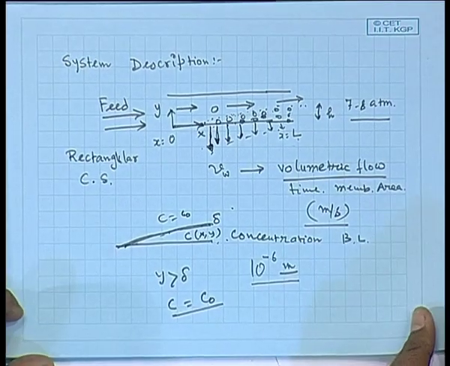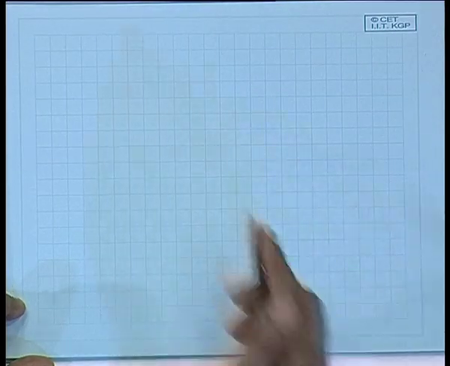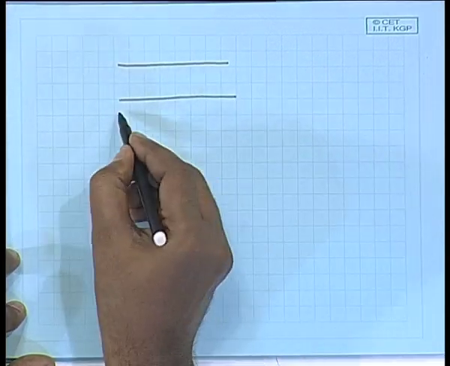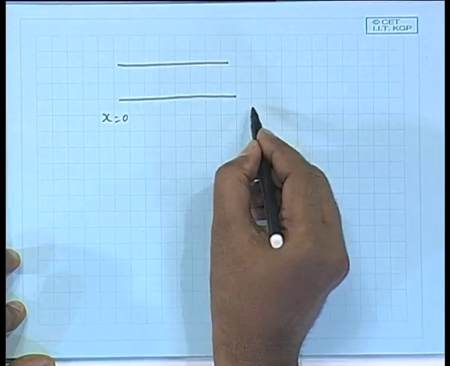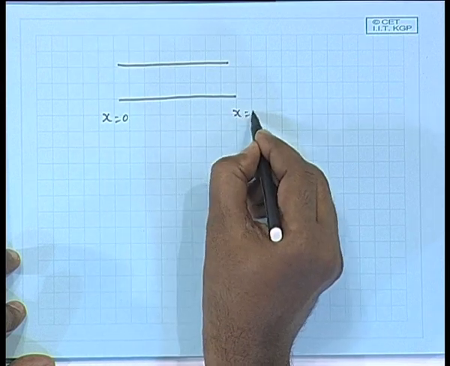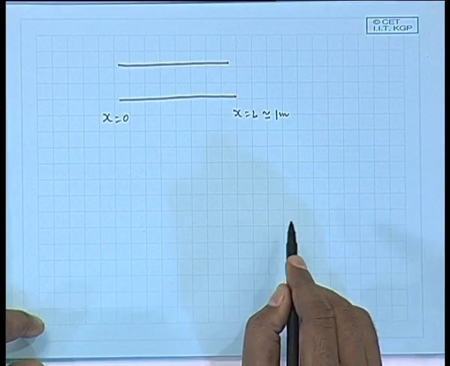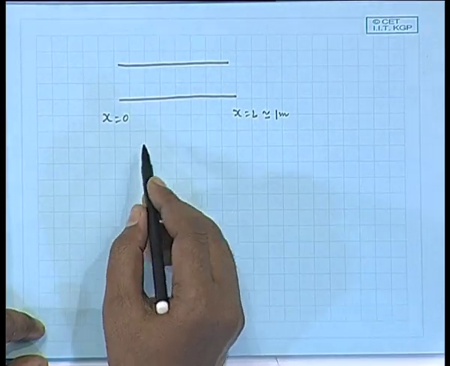Now, in this problem there is a trick. We are considering a channel of length x equal to 0 to x equal to L, where L will typically be 1 meter or more. Now, there is something called entrance length.